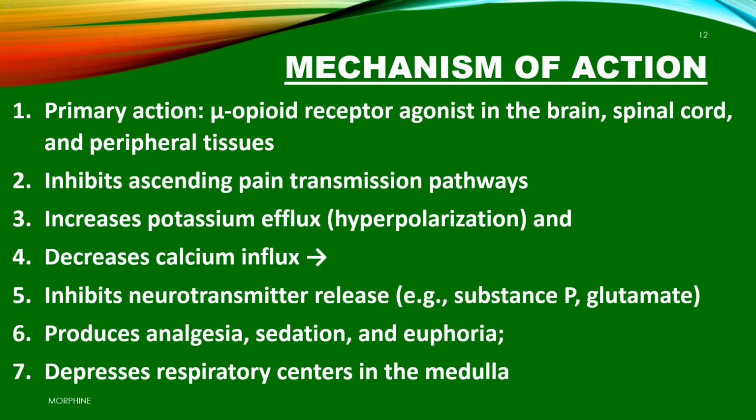Produces analgesia, sedation, and euphoria. Morphine's action on mu-opioid receptors leads to pain relief, relaxation, and feelings of well-being. 7. Depresses respiratory centers in the medulla. Morphine slows down breathing rates by affecting the brain's respiratory centers, which can be a potential side effect.